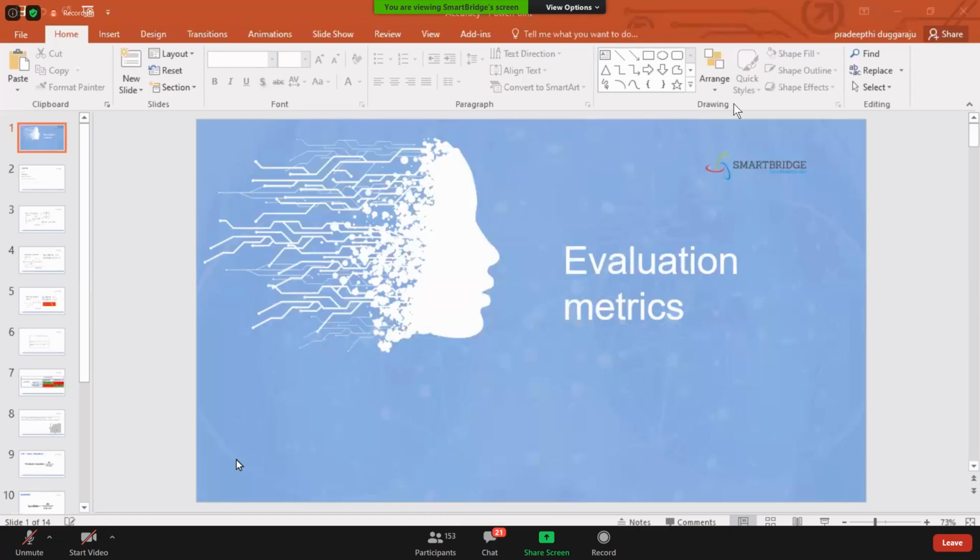Yeah. So TPR is nothing but true positive rate, and FPR is nothing but false positive rate.